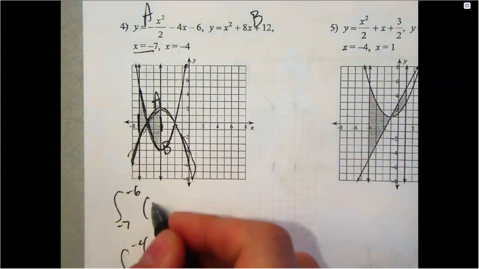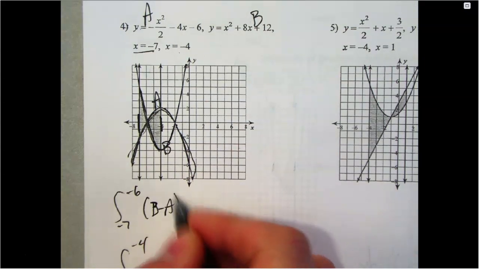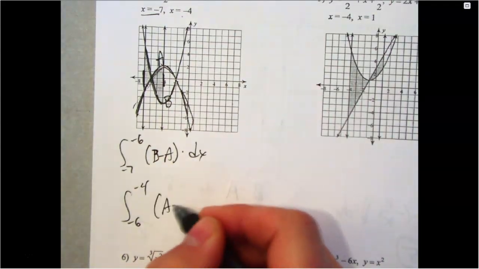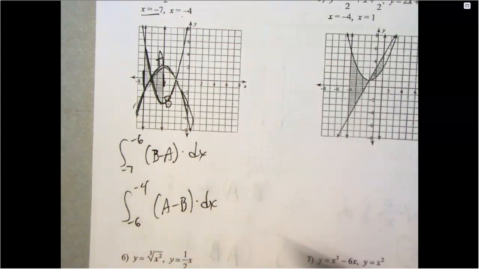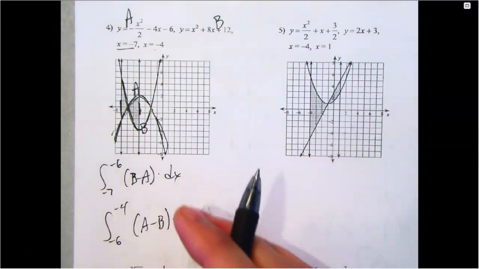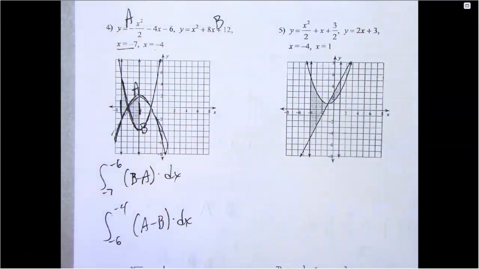So from -7 to -6 is B minus A. And then it's going to flip for the other one. But again, if you get it wrong, you'll know because what happened? You get a negative. It's an area, so an area has to be positive.